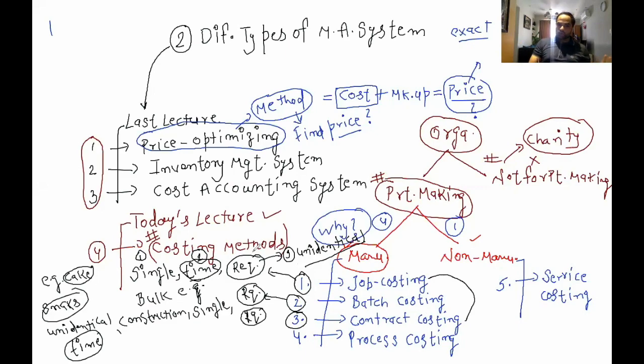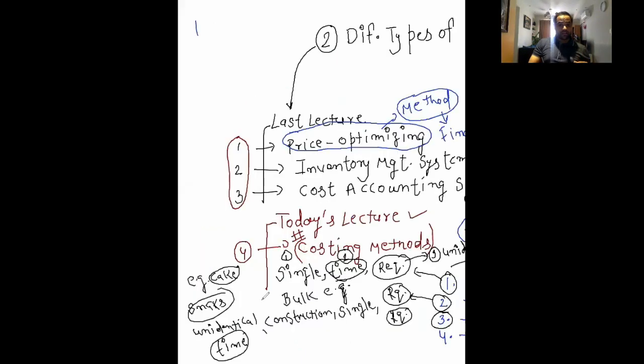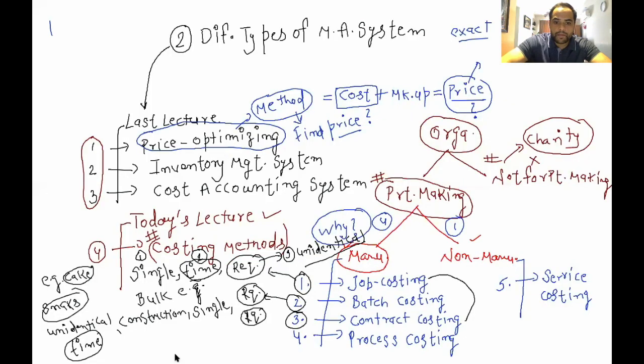In job costing, it's a short time, and in contract costing, it takes a lot. So in contract costing, it takes a long time to produce the product. That's mainly the major difference between job costing and contract costing.